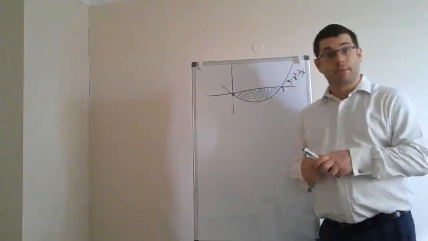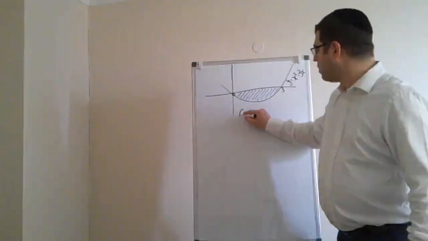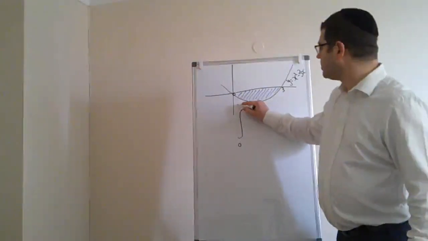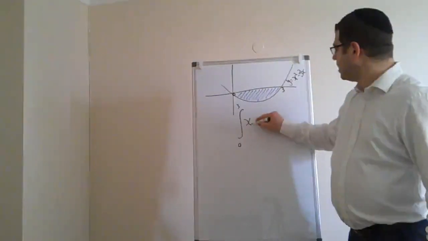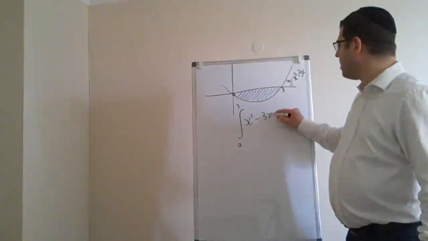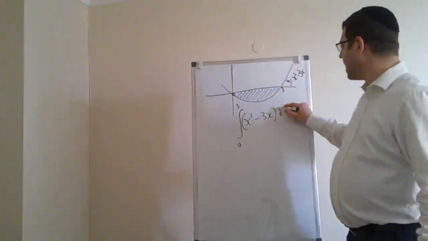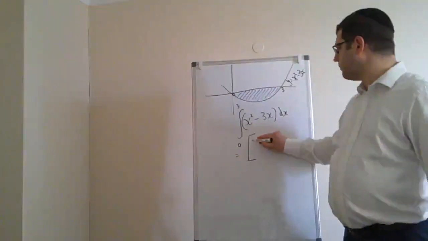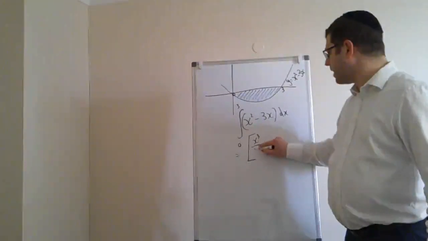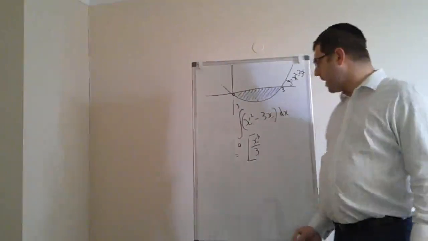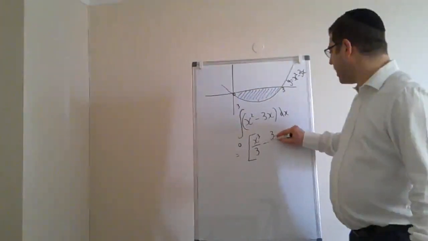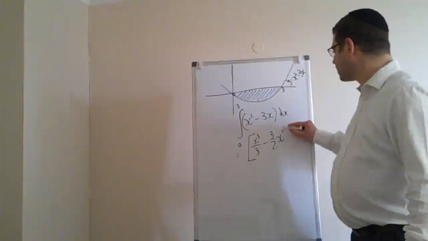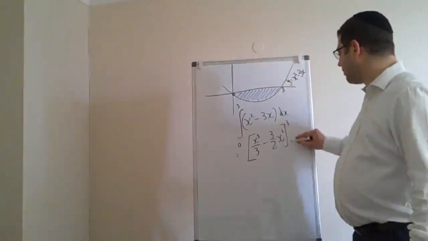So let's perform a similar integration, and let's see what happens. Now we're integrating from 0 to 3, but we're integrating x squared minus 3x this time, with respect to x. If you perform that integration, you get similar terms to last time, x cubed over 3 minus 3 over 2 x squared between 3 and 0.